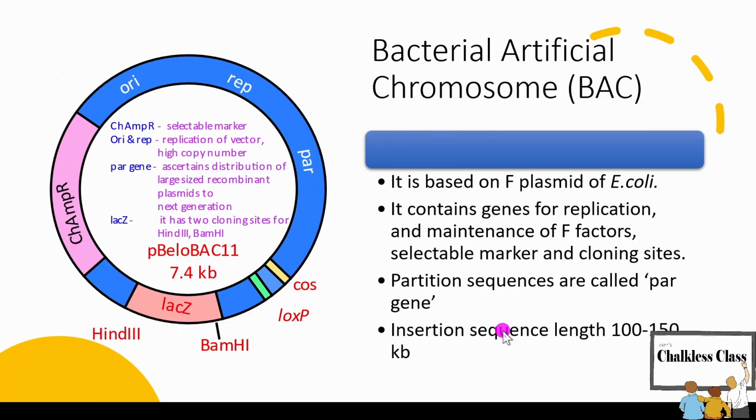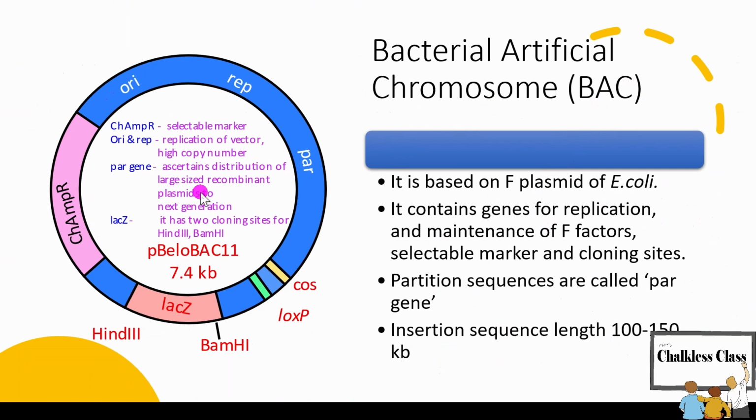Bacterial artificial chromosome. In short, we call them BAC. It is based on the F plasmid of Escherichia coli. F means fertility. It contains the genes for replication and maintenance of F factors, selectable markers, and cloning sites. Look here. This is the ORI site. This is the REP site. It is one antibiotic resistance site, selectable marker, and it has the PAR gene also.